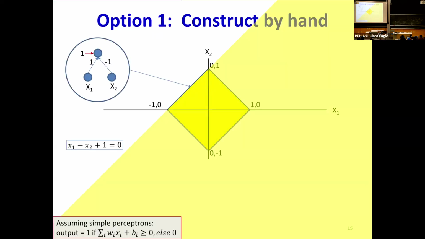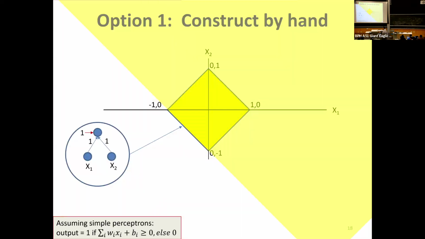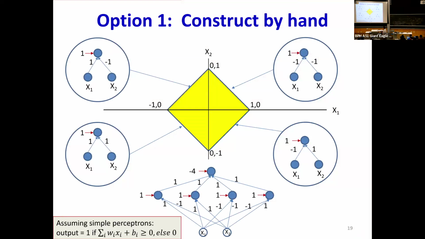You can literally just set the parameters of the network to capture the different boundaries. We saw how to do this. Now, this is fine, but this only works for the most trivial of functions. When the functions get more complicated, you're not going to be able to handcraft your network parameters.